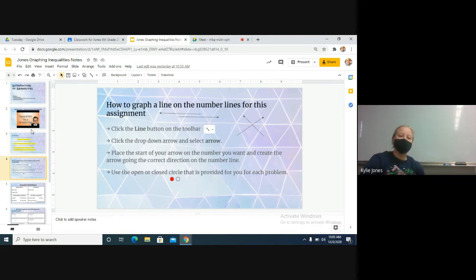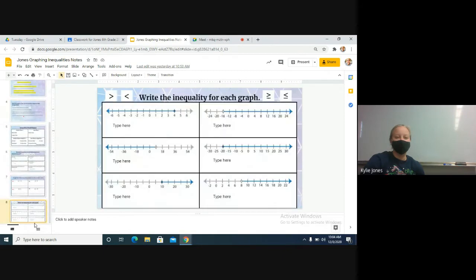So to graph an inequality, it's going to look something like this, right? So you get an inequality that's like x is less than 4. You put a dot on 4. You have to decide if it's an open or a closed dot, and then you point the arrow to the ones that are less than. I was just showing you one really quick.